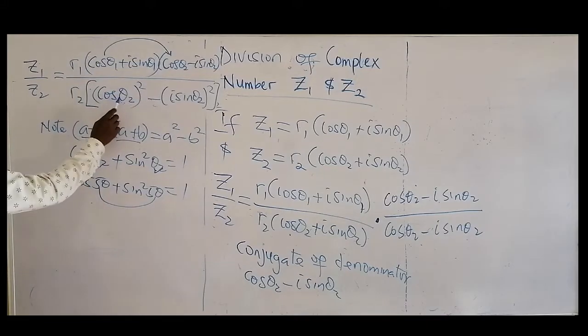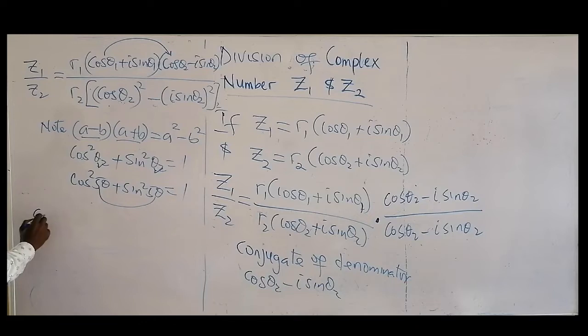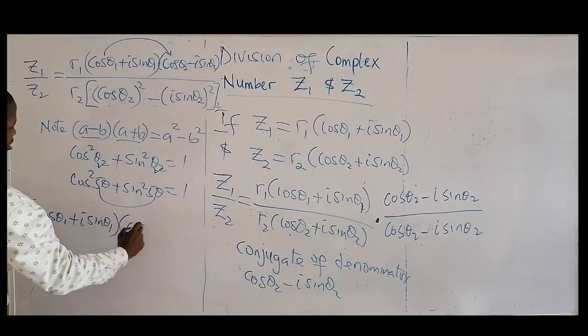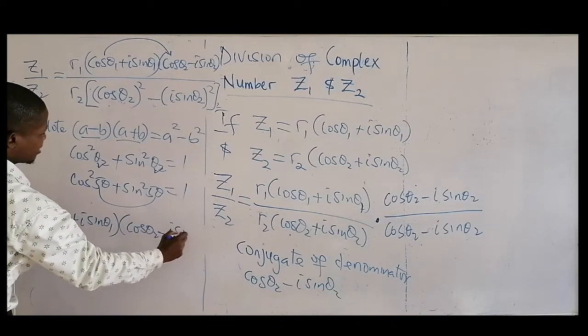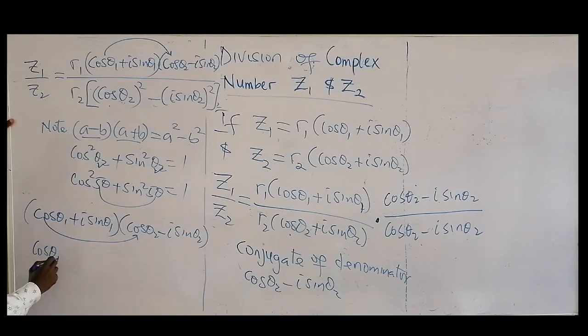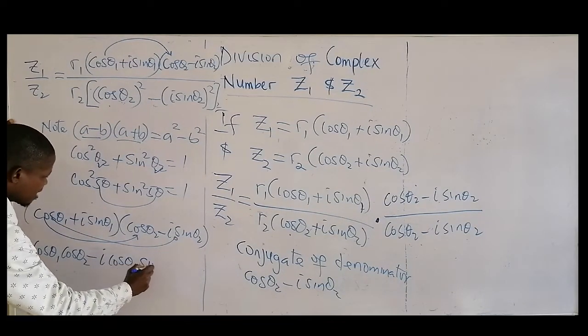So the denominator is 1. Let's quickly multiply the numerator expression. I will copy it here: cos theta 1 plus i sine theta 1, times cos theta 2 minus i sine theta 2. This one times this one gives cos theta 1 cos theta 2. Then minus i cos theta 1 sine theta 2.